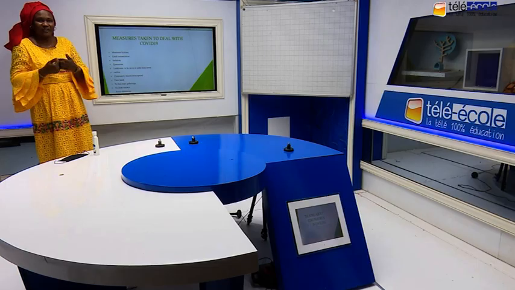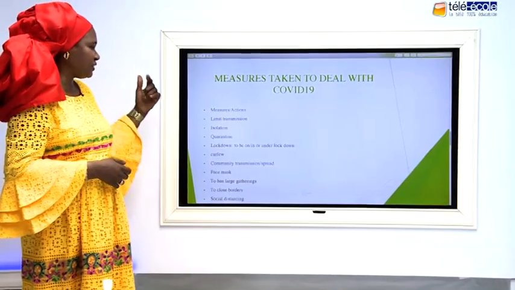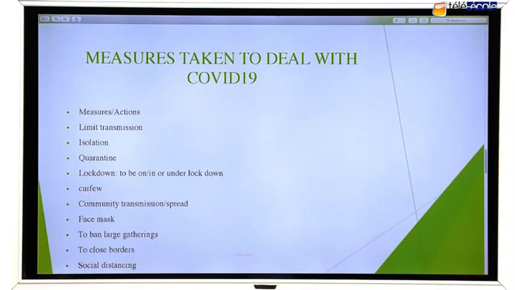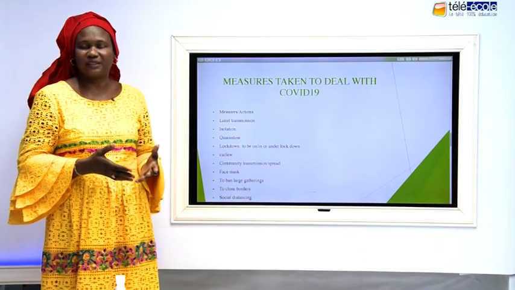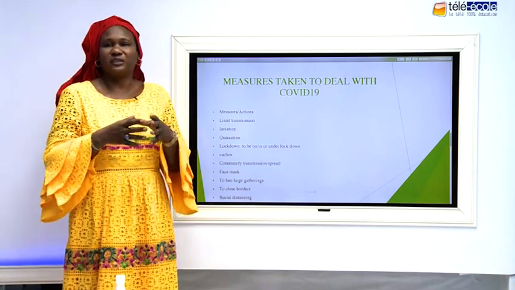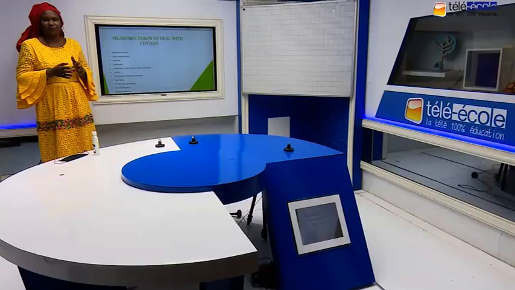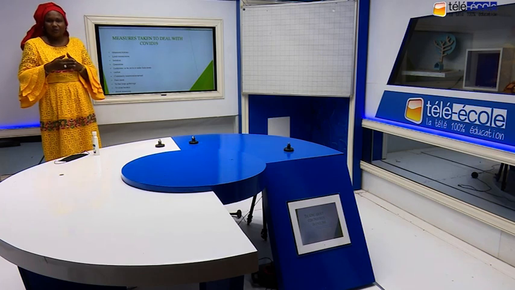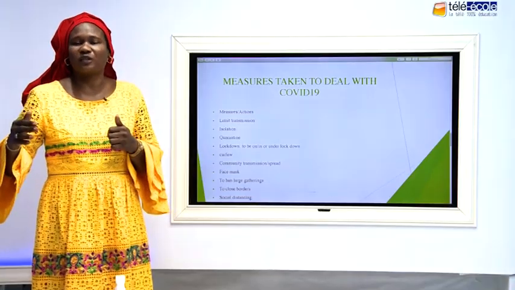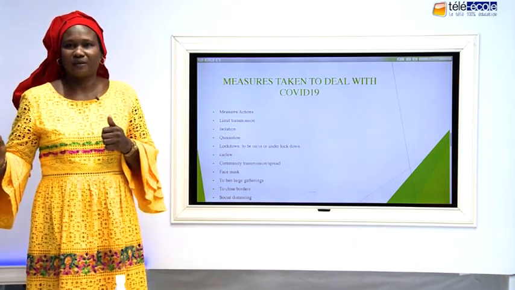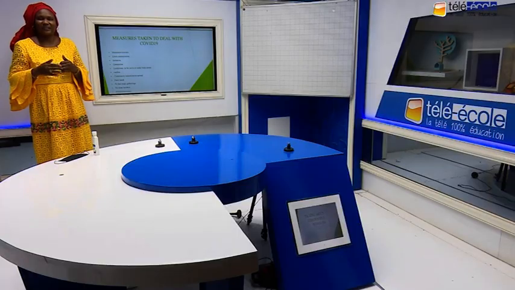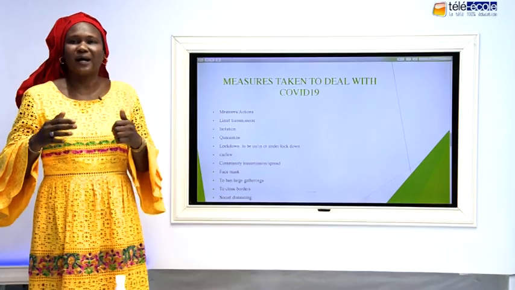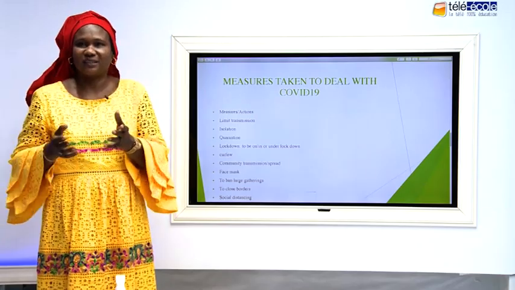So you are isolated. Now, isolation is different from quarantine. What does quarantine mean? Quarantine means that you are not ill, but you are in contact with a person who has got the virus. If you are in contact with a person who has got the virus, you are in quarantine.